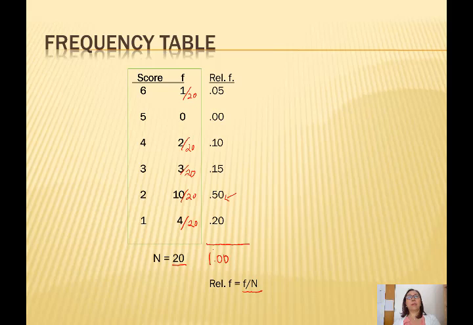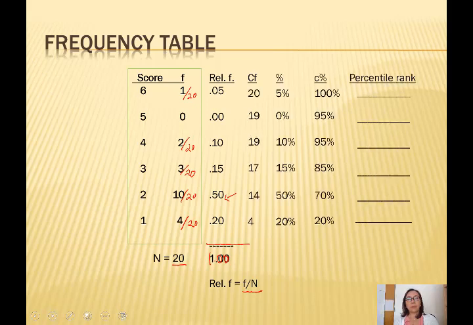Now, if you look at the relative frequencies, it's kind of hard to imagine how you might use these numbers. These numbers are not used by themselves very often, but you will see how these numbers are similar to this column that I'm going to bring up, which is the percent column. So take a look at the similarity between relative frequency and the percent columns.